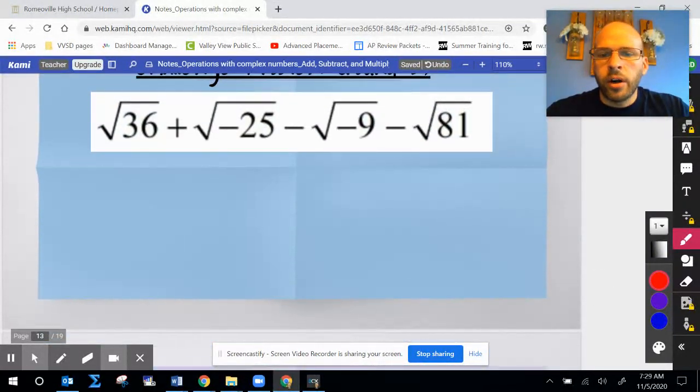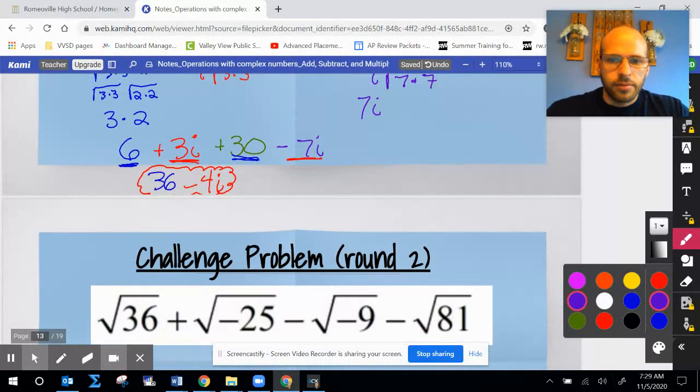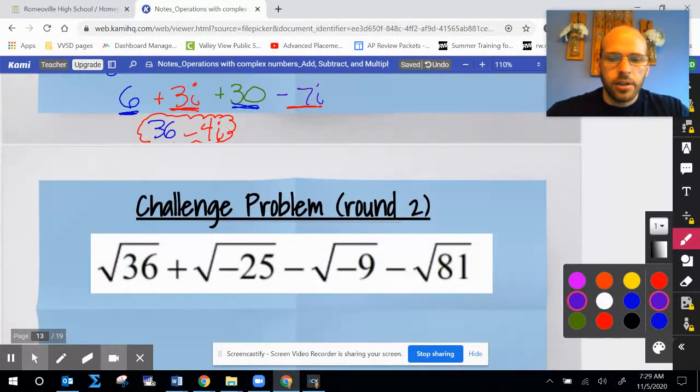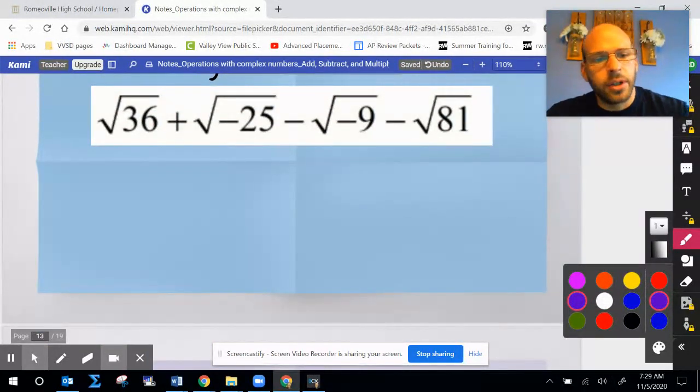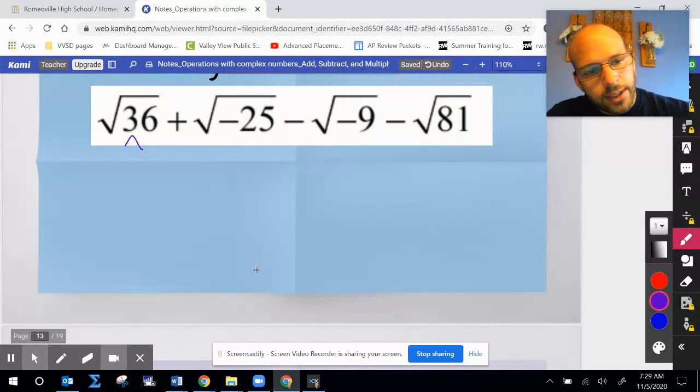Oh, I got one more. Okay, round 3. So I still have the square root of 36. Okay, it's a little different, very similar. The square root of 36 is going to be, let's say, 6 times 6, or 2 times 3.